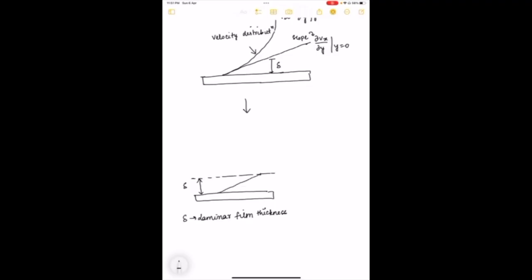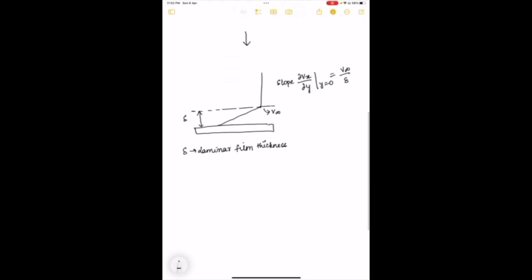This is our graph. At this point V infinite is increasing linearly, then we have a constant V, and the slope dou Vx upon dou Y at Y equals 0 equals V infinite upon delta.